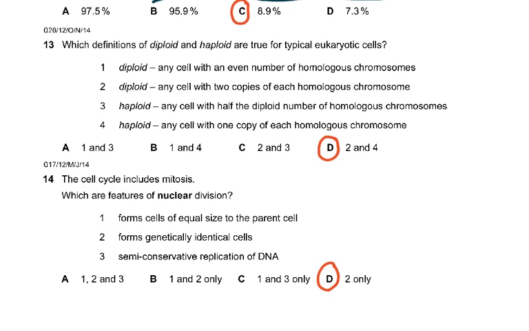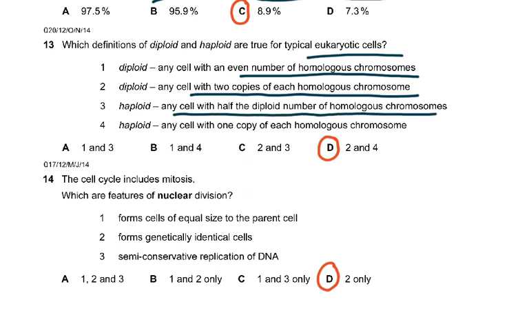Which definitions of diploid and haploid are true for typical eukaryotic cells? Diploid, any cell with an even number of homologous chromosomes. Diploid, any cell with two copies of each homologous chromosome. Haploid, any cell with half of the diploid number of homologous chromosomes. Haploid, any cell with one copy of each homologous chromosome.